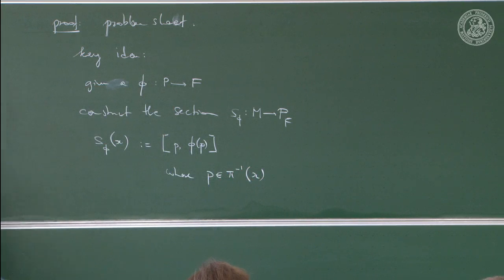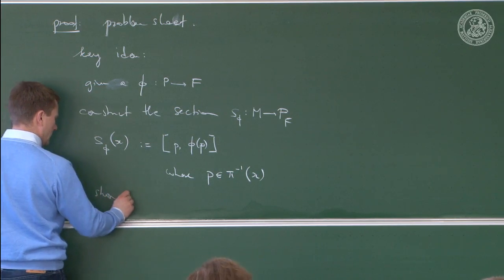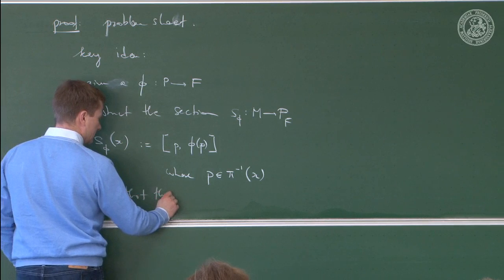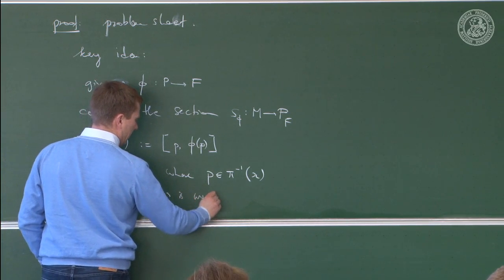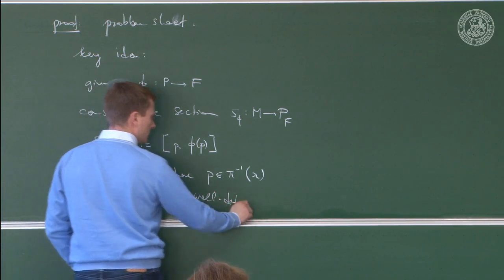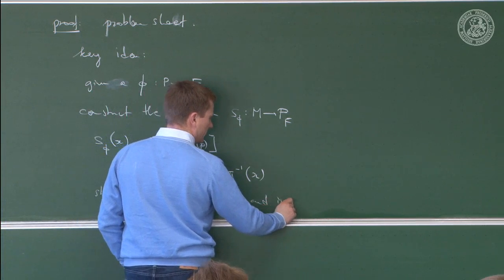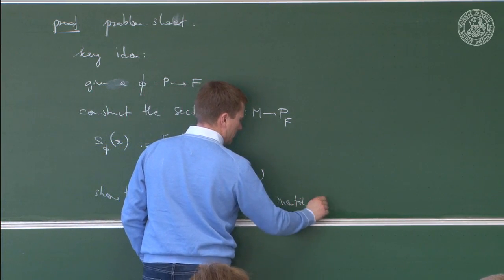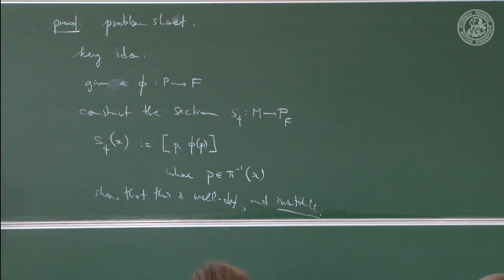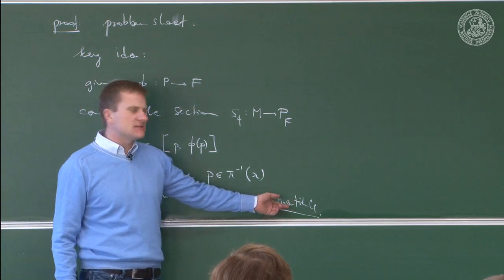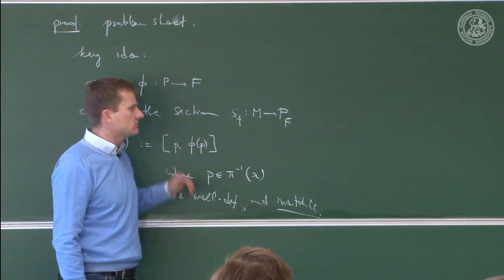And of course you have to show that this is well defined, simple, and invertible. The invertibility you need in order to ensure that it's one-to-one. And here you show the invertibility by explicitly constructing the inverse.